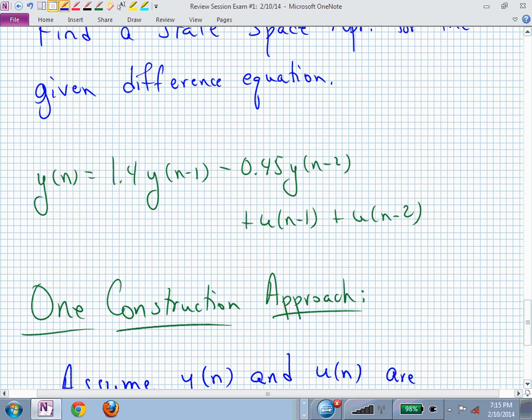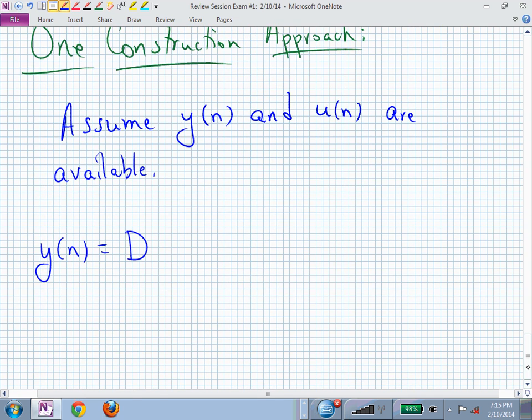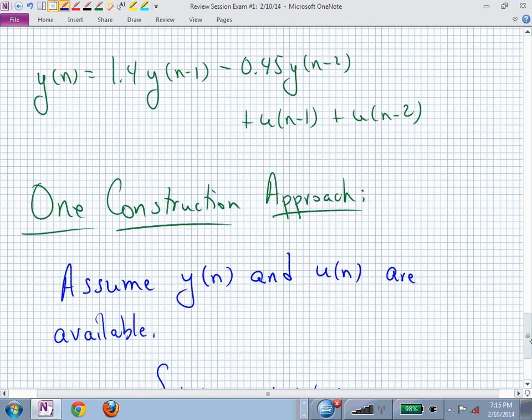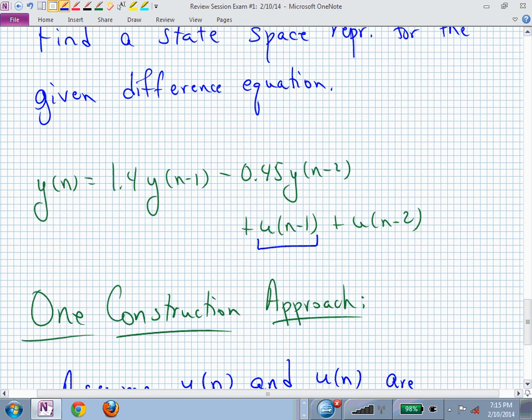But to be more generic, maybe I should have. What I now just said is if I delay 1.4 y of n plus, need to make sure I'm getting the signs right, u of n, now I have effectively accounted for those two terms on the right-hand side. Are we okay with that?